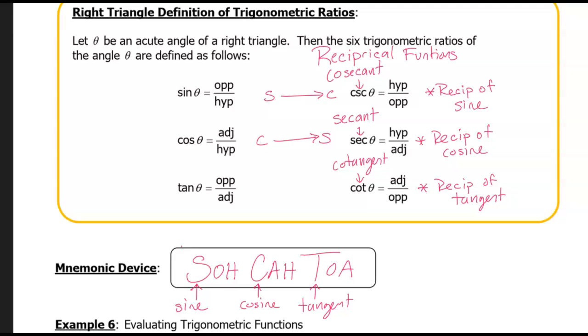Because they're reciprocals and they tried to flip too many things. And they can't say, oh, the reciprocal of sine is cosine. We already have a cosine. So they had to come up with a different word. Yeah, it's confusing. Don't try to logic your way through it.